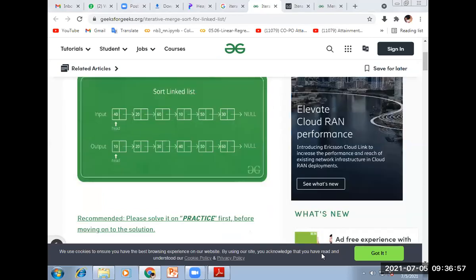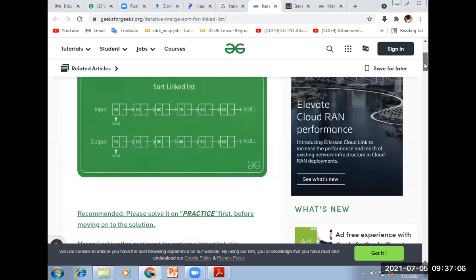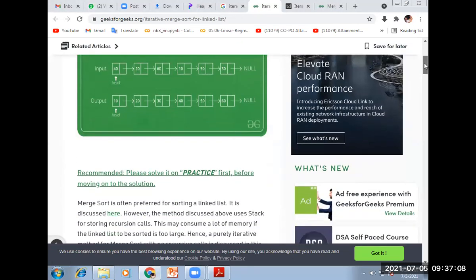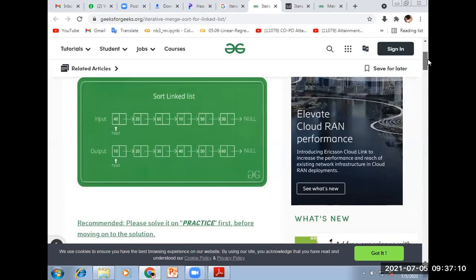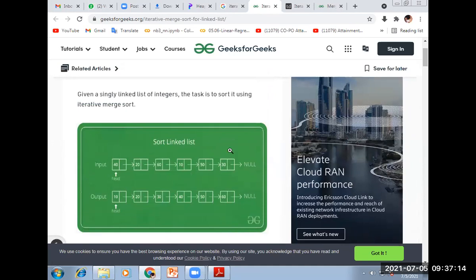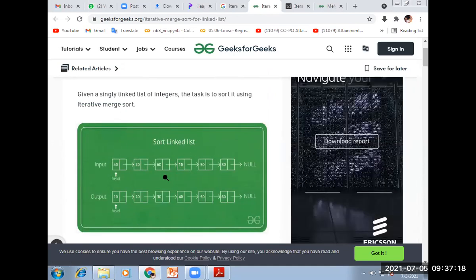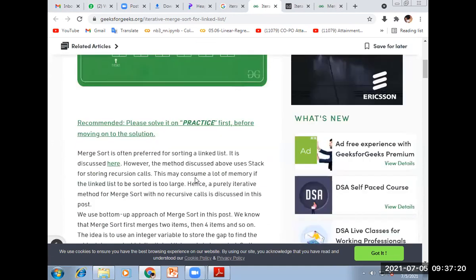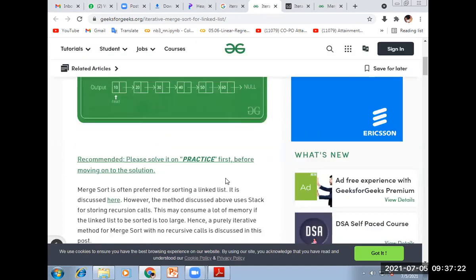See students, this is the iterative method. Here, by using a linked list, we sorted the elements. It is an example of the iterative method.